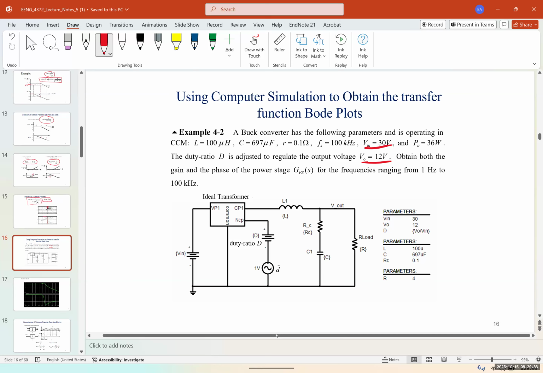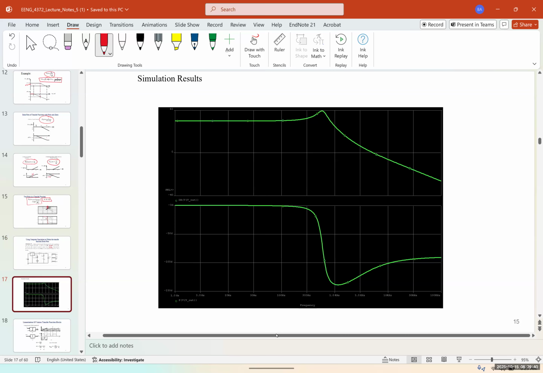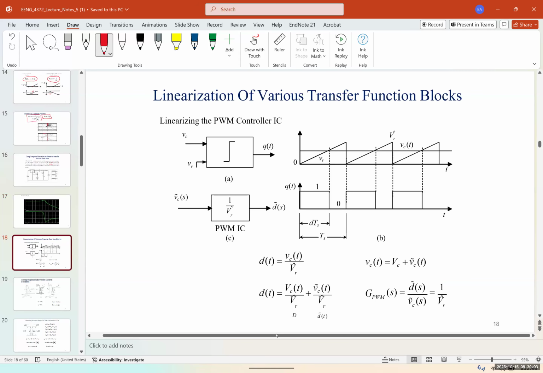Again, we are changing these to see what the GPS would be, and you can see the changes in both the phase and the gain. Doing these manually is sometimes very difficult, so it's always better to use a simulation tool.